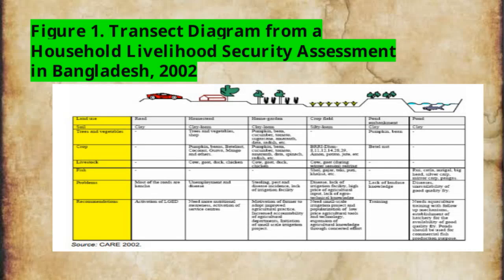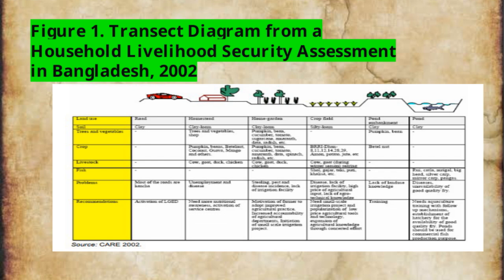Let's take a closer look at Figure 1, which is a transect diagram from a household livelihood security assessment conducted in Bangladesh back in 2002. This diagram visually represents the various assets, activities, and vulnerabilities that households rely on to sustain their livelihoods.